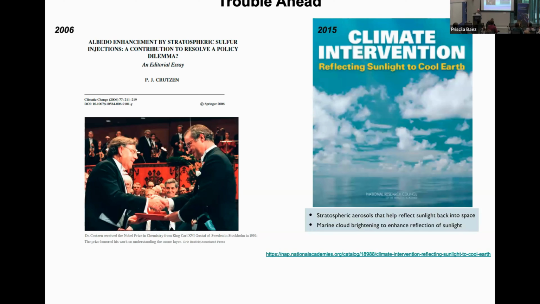We had a National Academy of Sciences report called Climate Interventions, turned into 2 volumes. This is the 2nd volume, Reflecting Sunlight to Cool Earth. Stratospheric aerosols reflect sunlight into space, or marine cloud brightening. Both are very controversial. You could Google it. They're extraordinarily controversial.